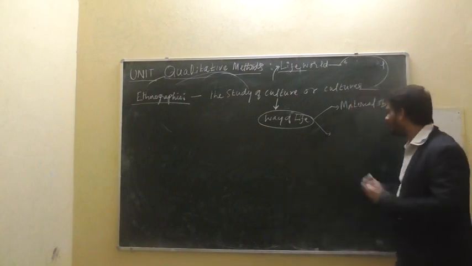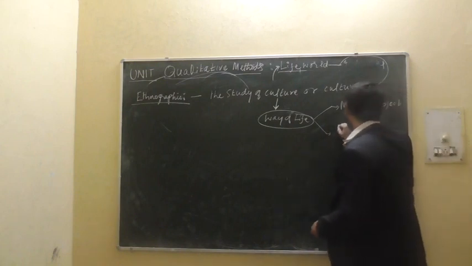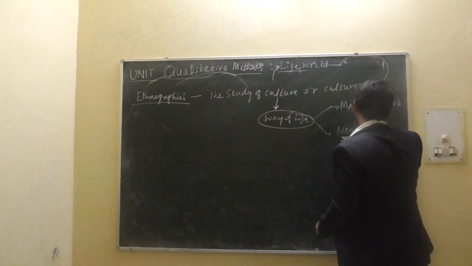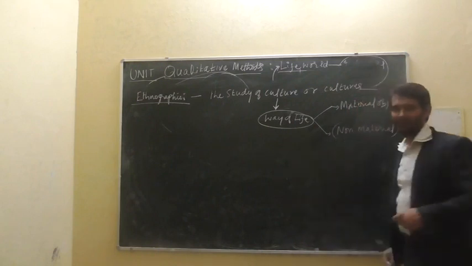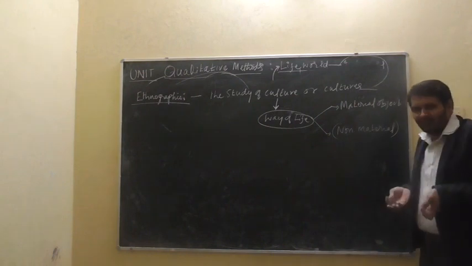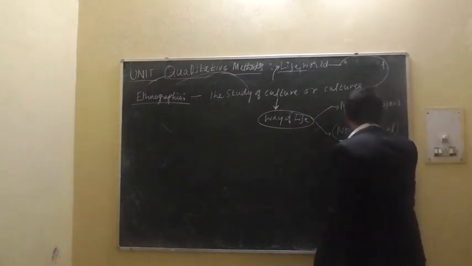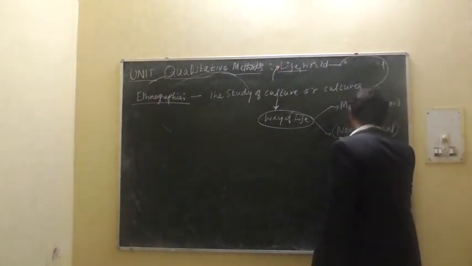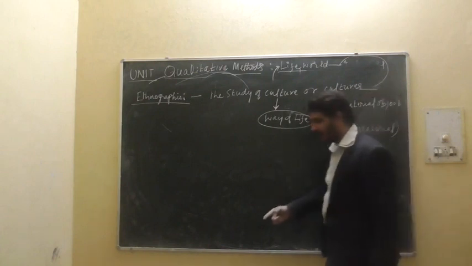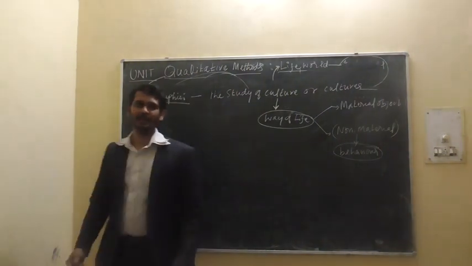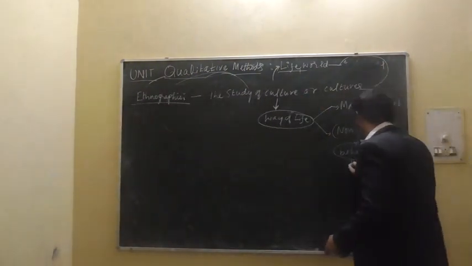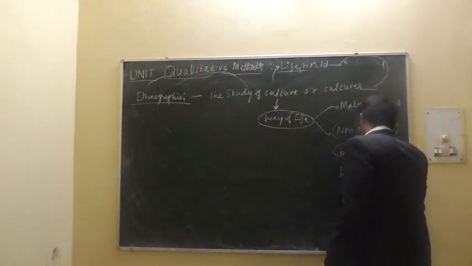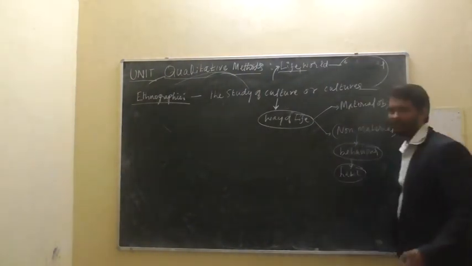On the other hand, life is also part of the non-material things. One very good example of a non-material thing is your behavior. How do you behave in a particular situation? Behavior denotes, for instance, your everyday habit.